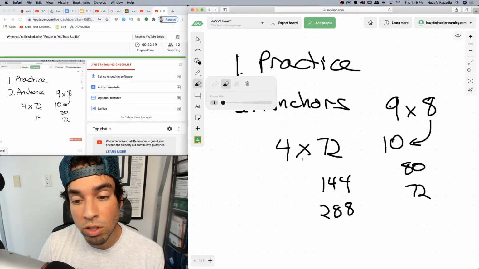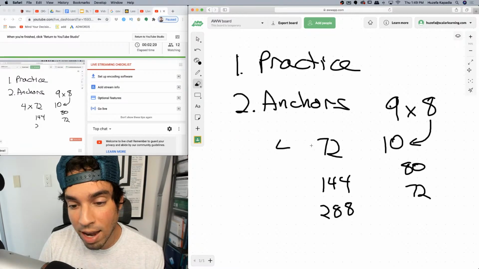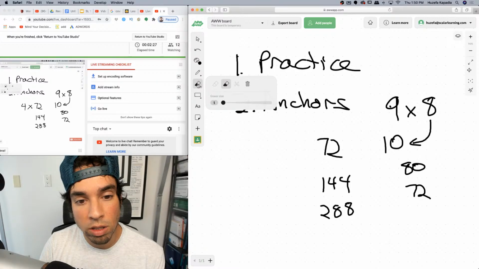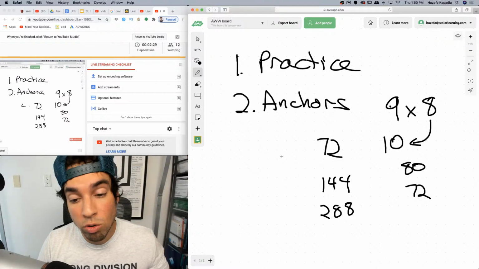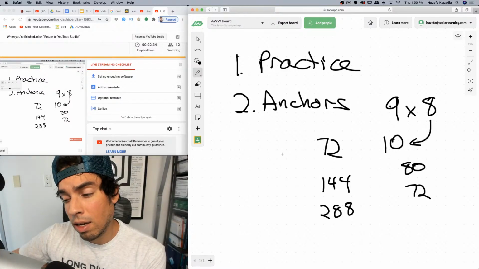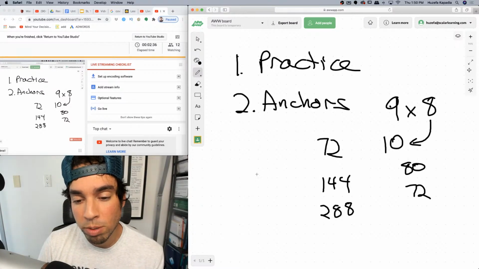Another thing you can do when we're multiplying by a 2-digit number, and I'm putting this under the category of anchors, but I don't know exactly how it would be referred to, but I love to do this.